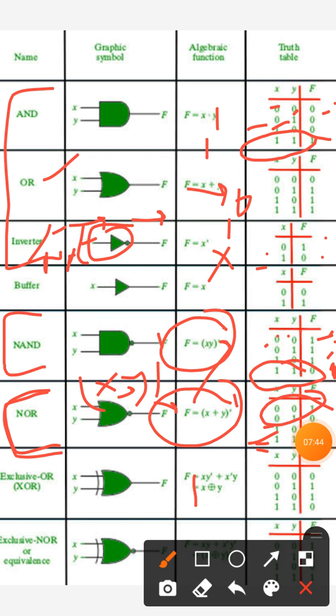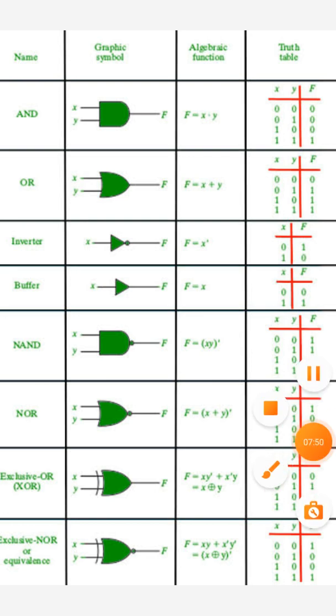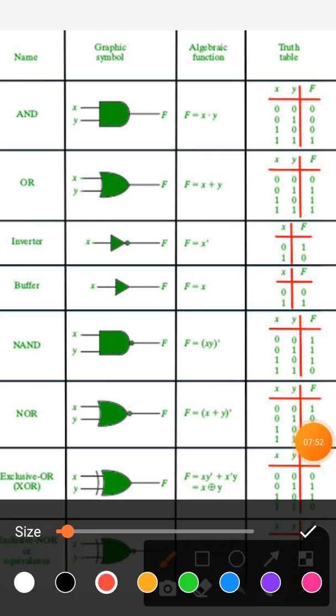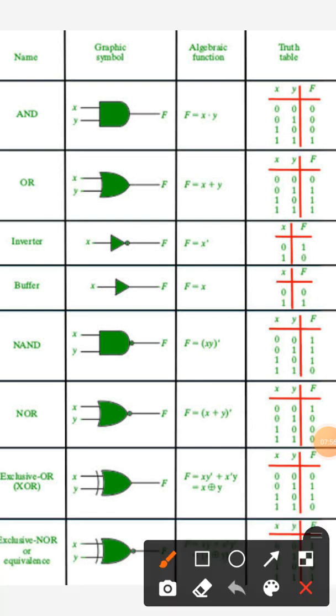Another type is the exclusive gate: exclusive OR gate and exclusive NOR gate. These are the two types.